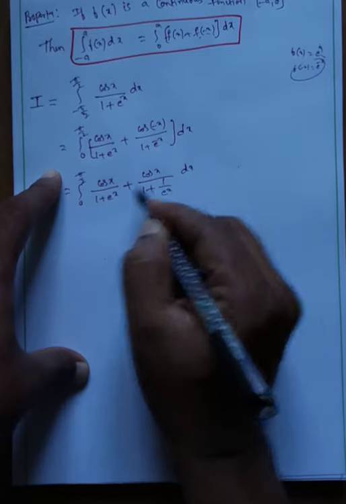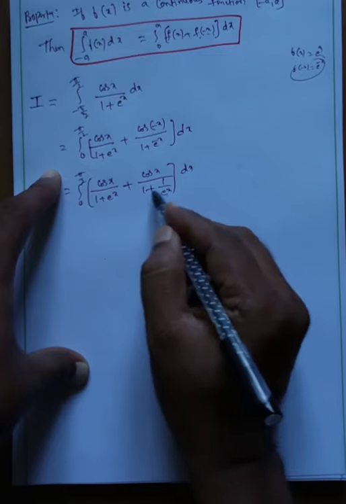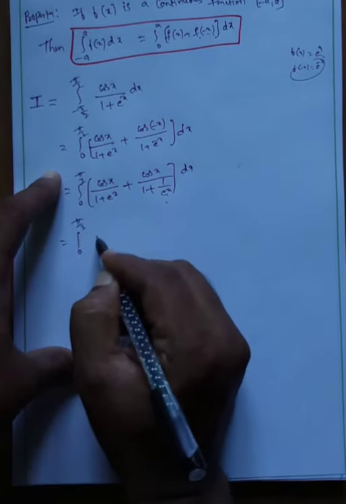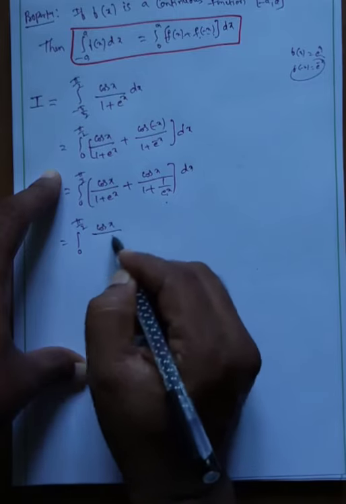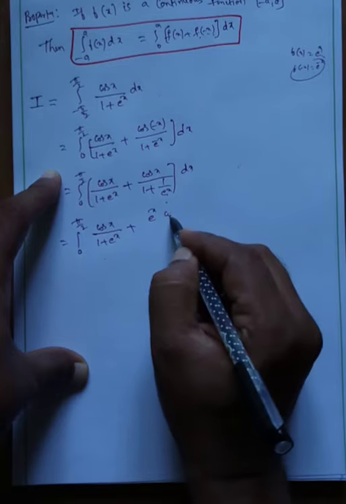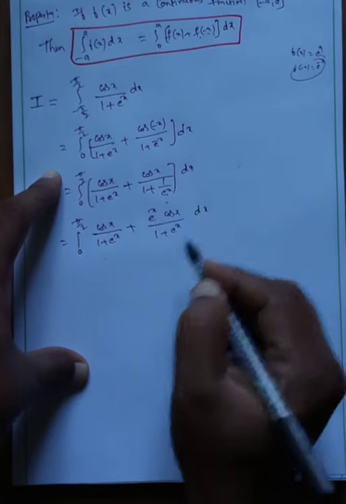Now the LCM is e power x; the numerator is e power x plus 1, the denominator e power x. So we get the integral from 0 to pi by 2 of cos x by 1 plus e power x plus e power x into cos x by 1 plus e power x dx.